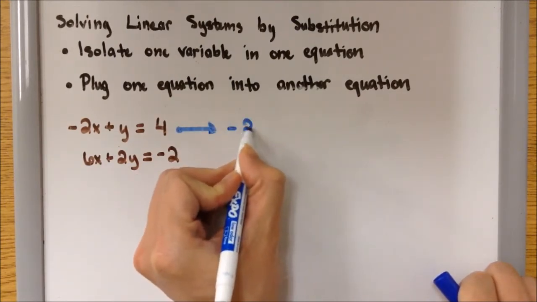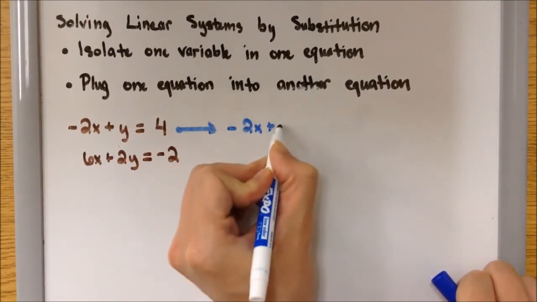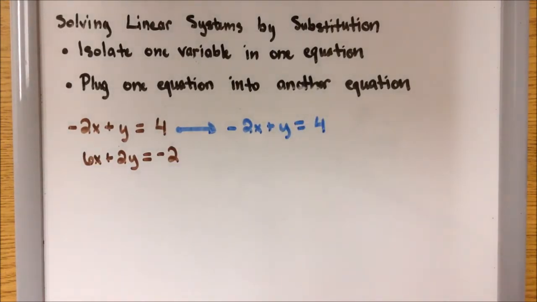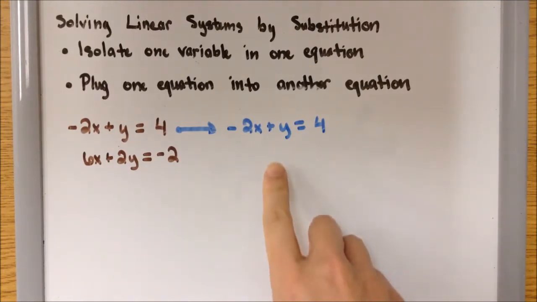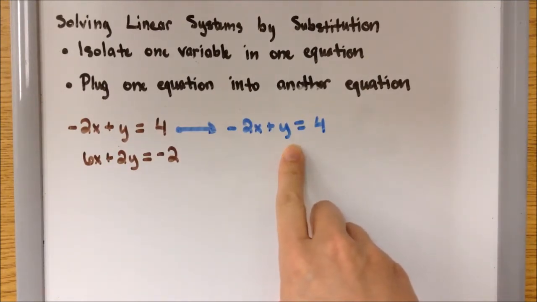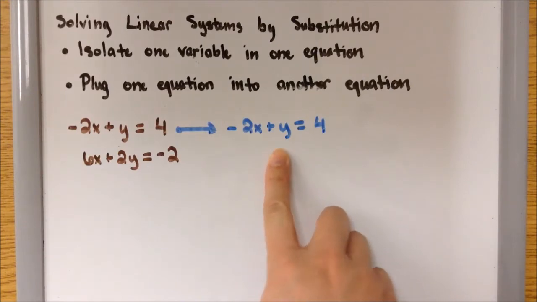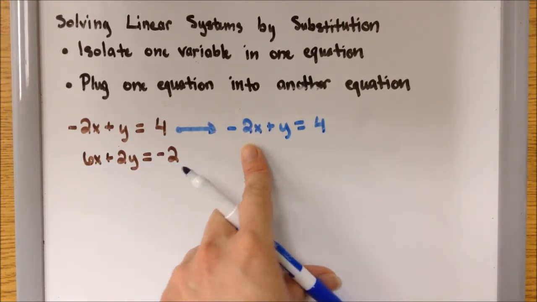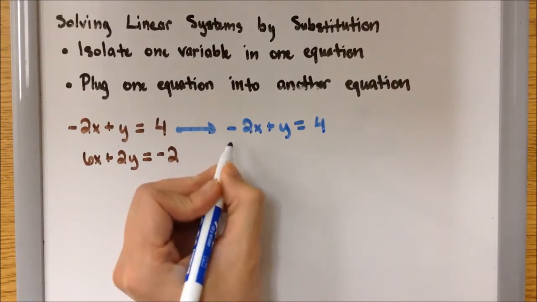So negative 2x plus y equals 4. Now, the good thing about this is that it only takes one step to get the variable by itself, in this case y. So if I want to get y by itself, I need to cancel out the negative 2x. The opposite is plus 2x.